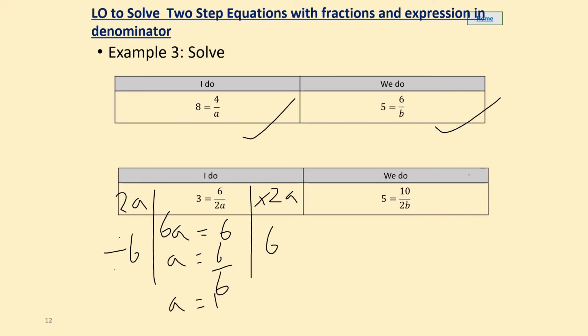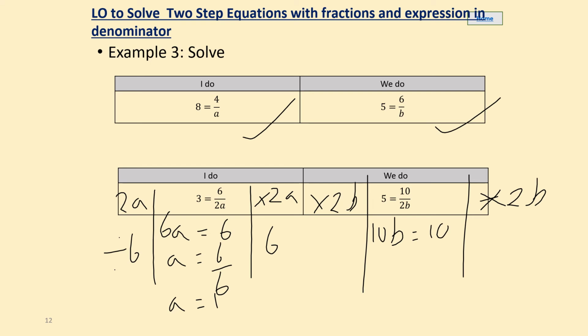And this one, you're going to multiply both sides by 2B. So we've got 10B equals 10. Then we're going to need to divide both sides by 10. So B equals 10 divided by 10, B equals 1.